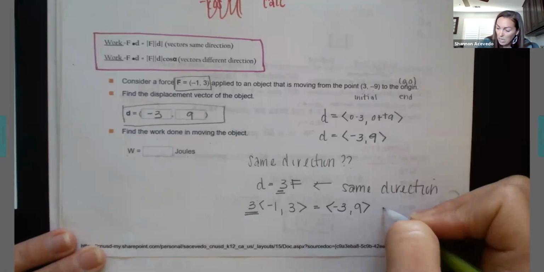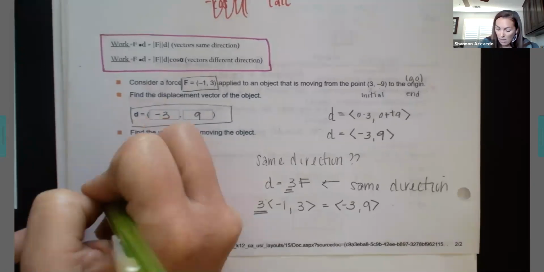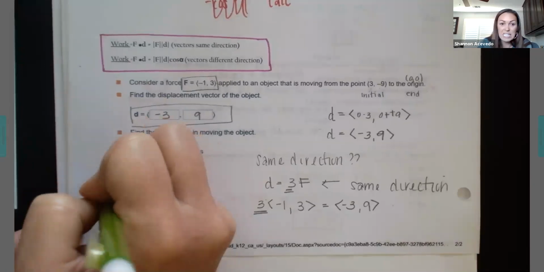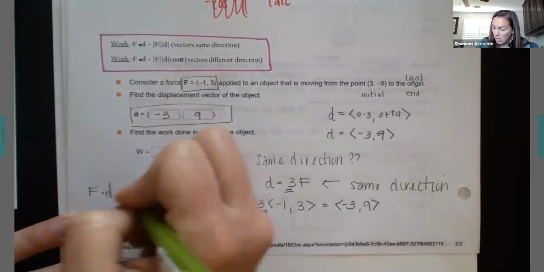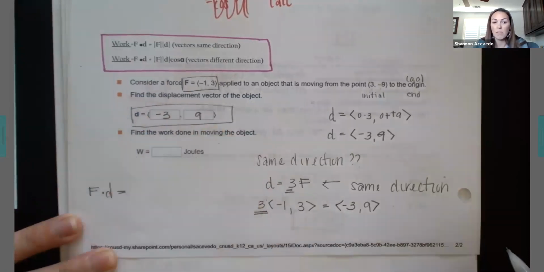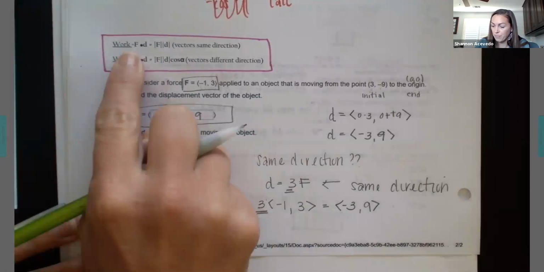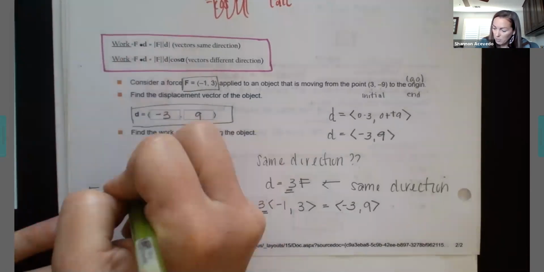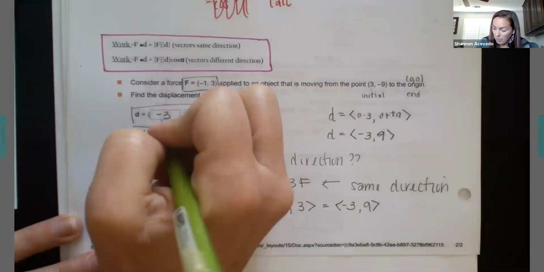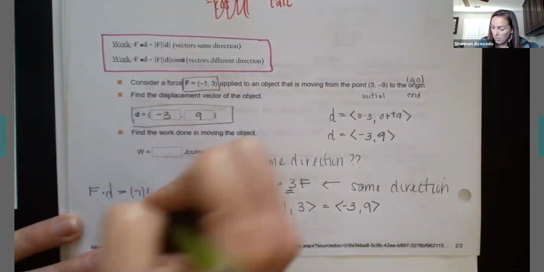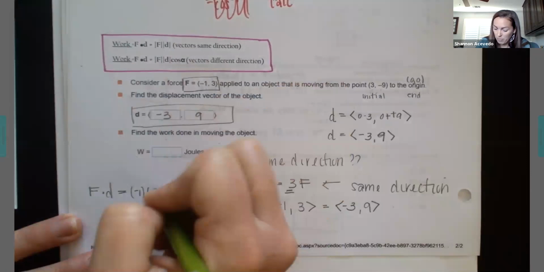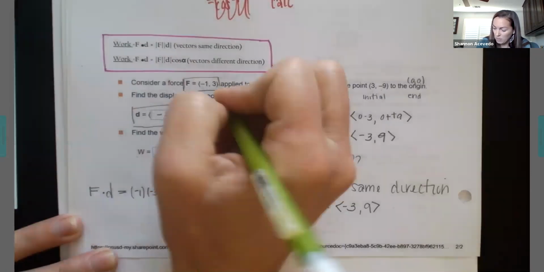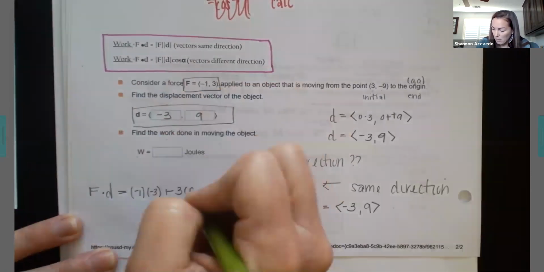If that's the case, then it's just F·D, my dot product. So it's going to be -1 times -3, plus 3 times my 9.